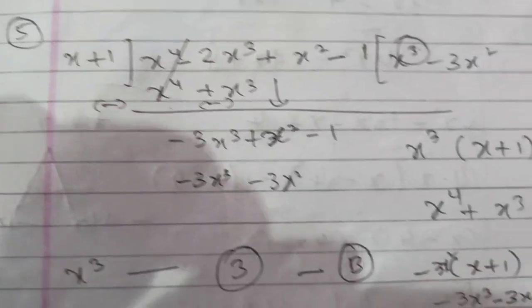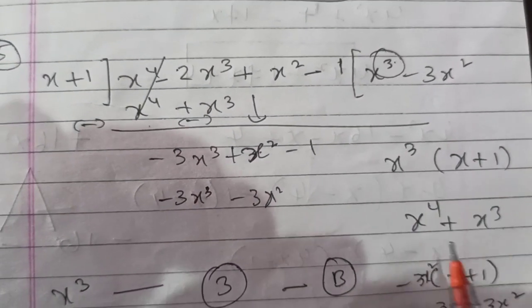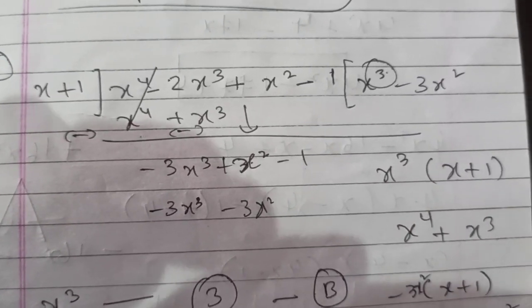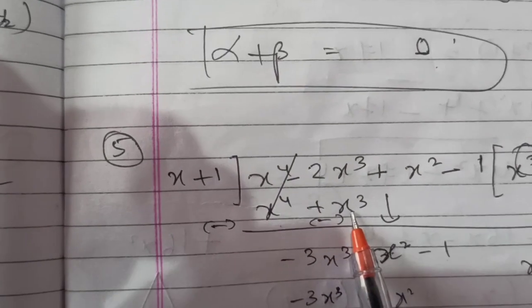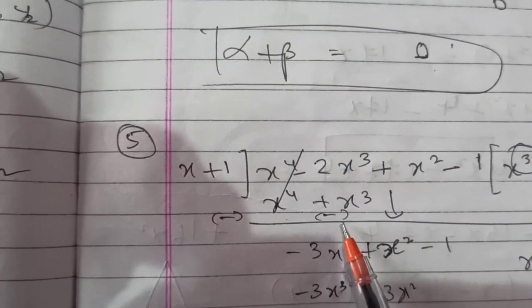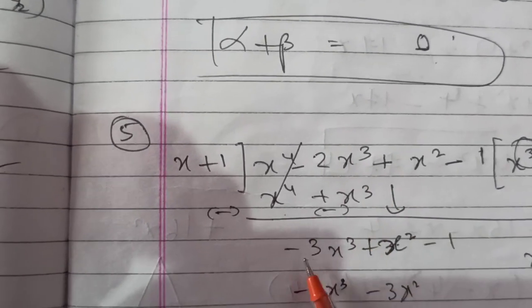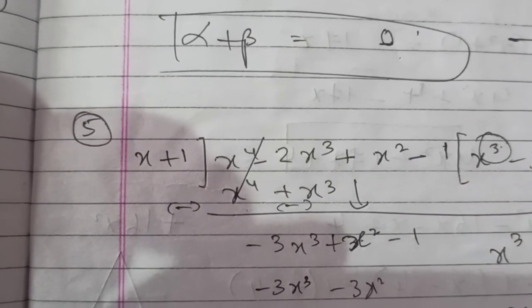So here we got this x power 4 plus x cube. This will get cancelled. Minus 2 minus 1 x cube will become minus 3x cube, and this is what, plus x square. Minus 1 will be the same.